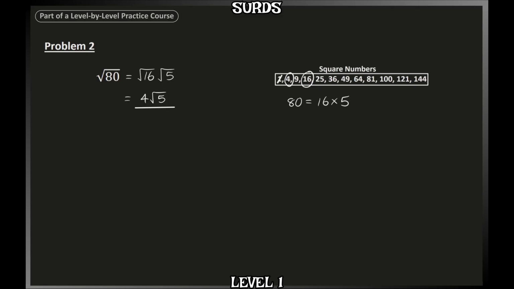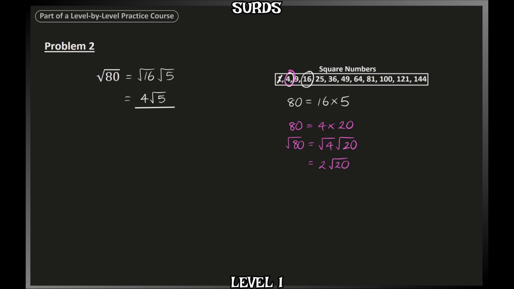As with the previous example, if we would have started by using 4, we would have had 80 is equal to 4 multiplied by 20. And we can then say that the square root of 80 must be the square root of 4 times the square root of 20. Because the square root of 4 is 2, we get 2 times the square root of 20.